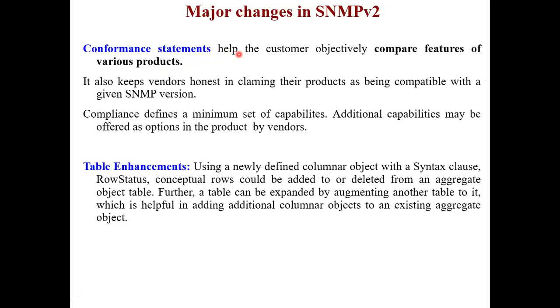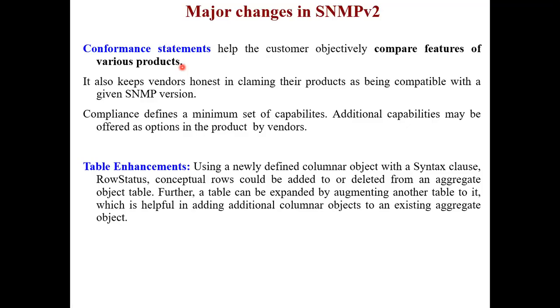Conformance statement helps the customer objectively compare features of various products. See, this was something which was missing. In any network, we have seen network classification, network management of domains, vendor related products. All the network elements that we are using are purchased from a particular vendor.